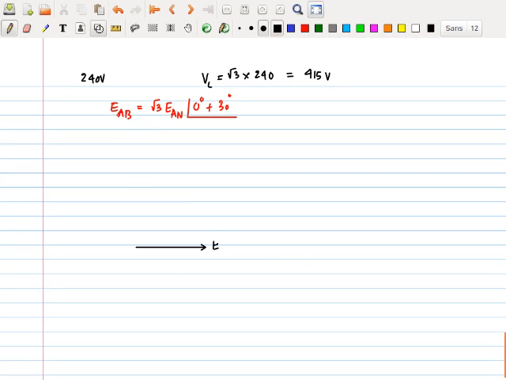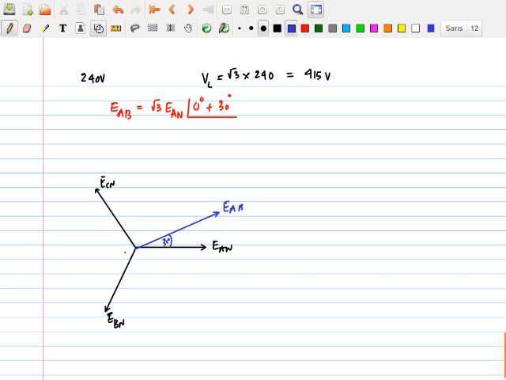This was EAN. That was E of BN. That was E of CN. I am now telling you that this resultant, which is EAB, is root 3 of this with an angle of 30 degrees.